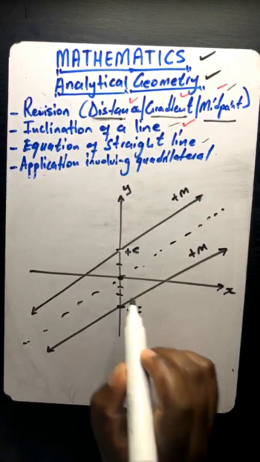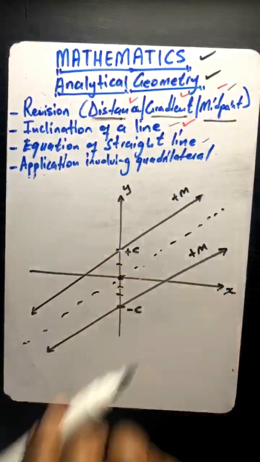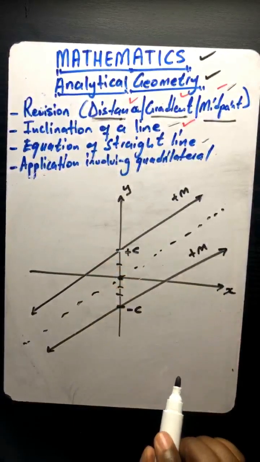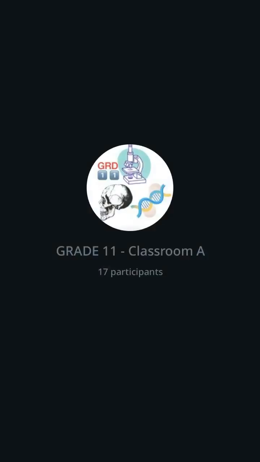Also here, we can say it was passing through there and has shifted by 3 units downwards. So for this line, we are expecting y equals mx plus 2. For the other, it is shifted down, which is below the origin.